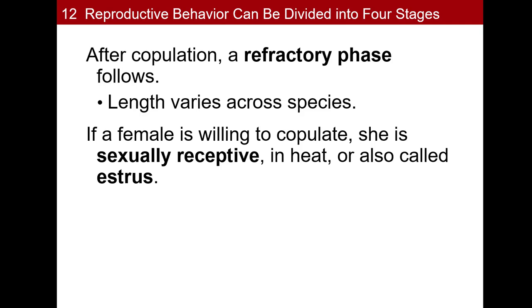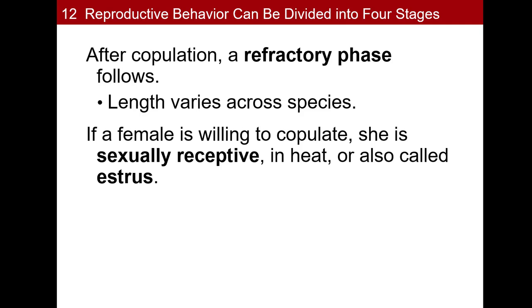Not a very different concept here with the refractory phase after copulation. You'll see this again on a future slide, but when we're talking about refractory phases here, we're talking about males and an inability or a decreased ability to engage in sexual activity again following orgasm.